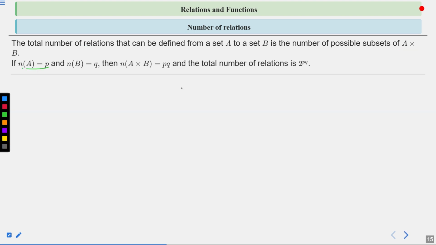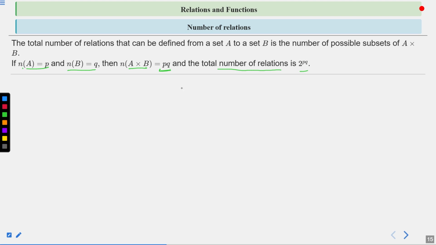So if the first set has cardinality P and the second set has Q elements, then the number of elements in A cross B will be PQ, and the total number of subsets of this set having PQ elements is given by 2 raised to the power PQ, and this is the same as the total number of relations. Clear?